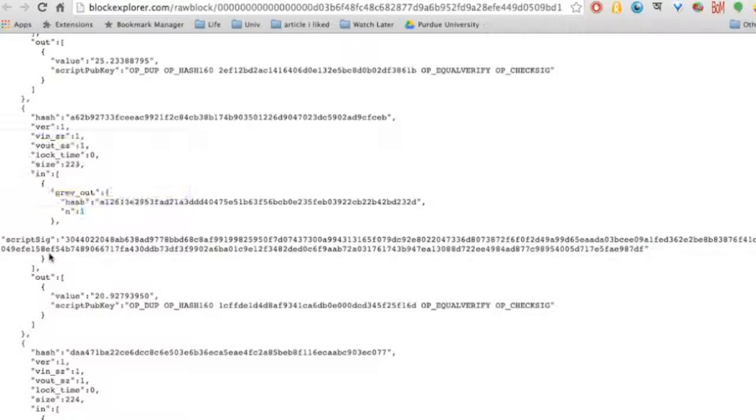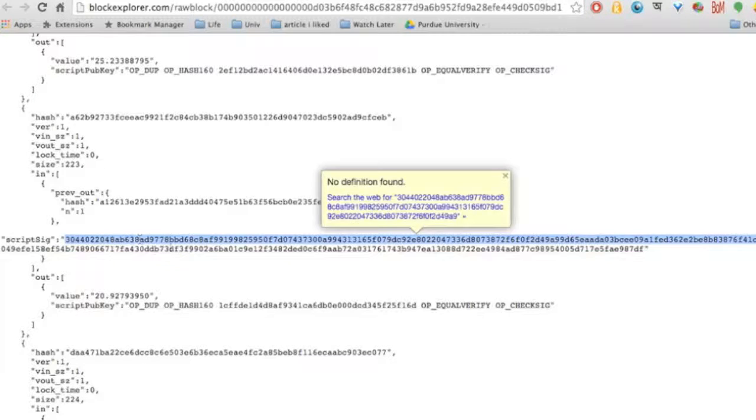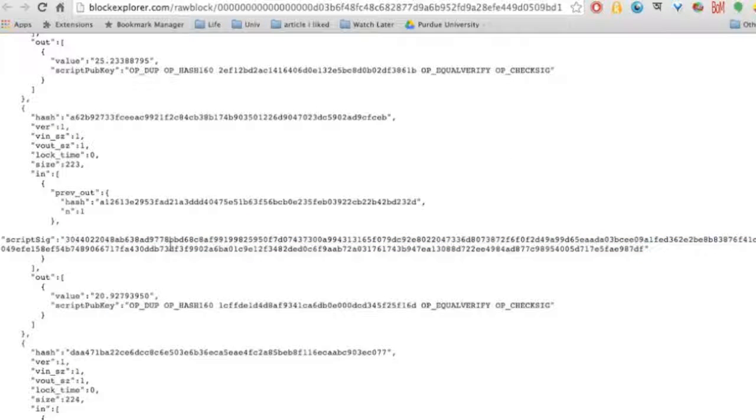And what this script sig means is that when you are writing a check to somebody to give him some money, you need to give your signature. The same kind of digital signature is involved in a Bitcoin transaction.